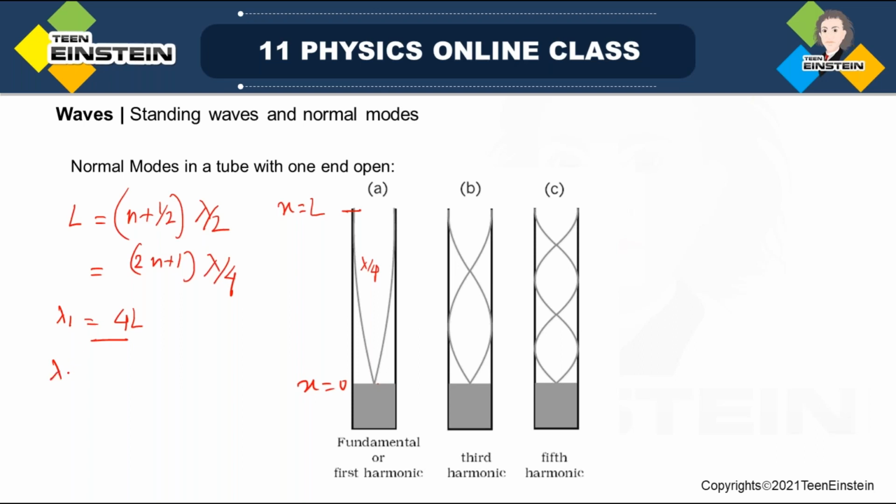Now if I look at the third harmonic, what will it be? When you put n is equal to 0, that is the first. n is equal to 1 is the second, n is equal to 2 is the third. n is equal to 2 means you'll get 5 into lambda by 4.